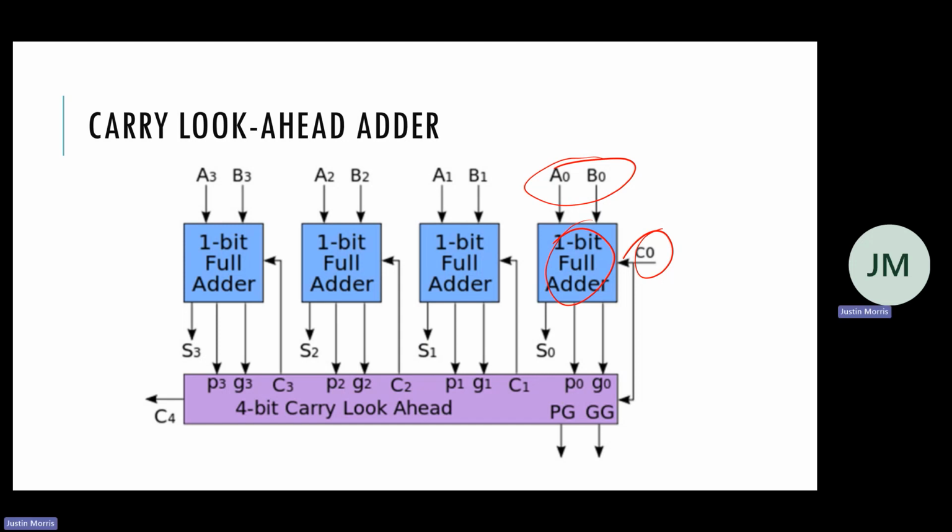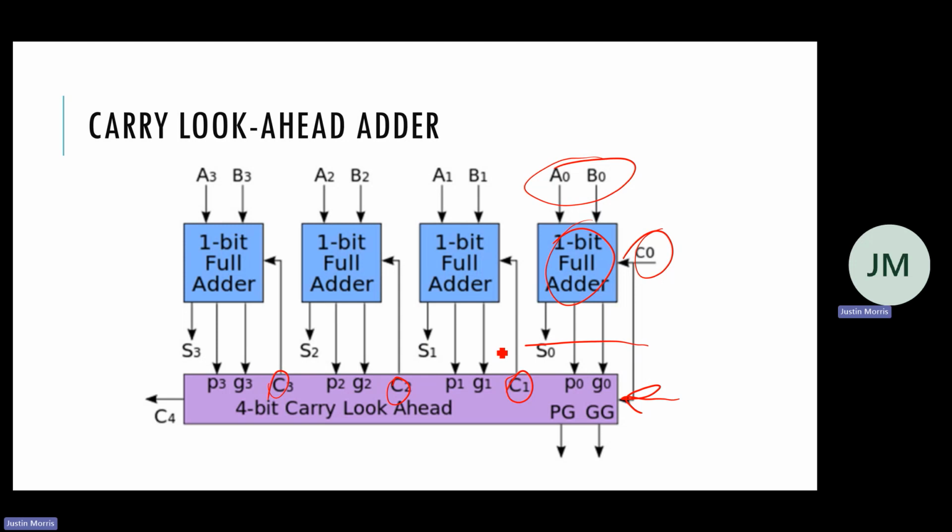So that's what we're going to do in this circuit down here. We're going to calculate if there is a carry in for each of these bits not ahead of time, but in parallel. So we don't have to wait for the carry to ripple through all of them. So that's how this one is going to be faster.